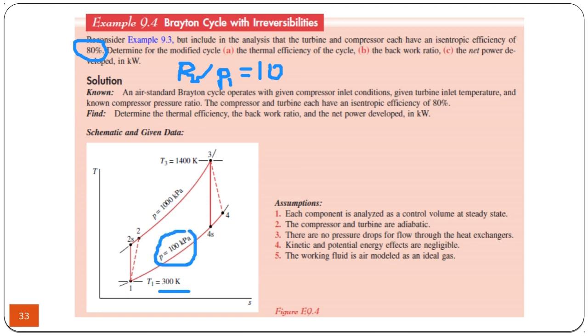Because the compression ratio is 10, at the exit of the compressor it's 1000 kilopascals, and the maximum temperature in the system is given as 1400 Kelvin. So we're going to calculate the efficiency as well as other properties such as backwork ratio, the net turbine work, and so forth. And we're going to compare the two solutions to see the effect of the isentropic efficiencies on the overall system performance.